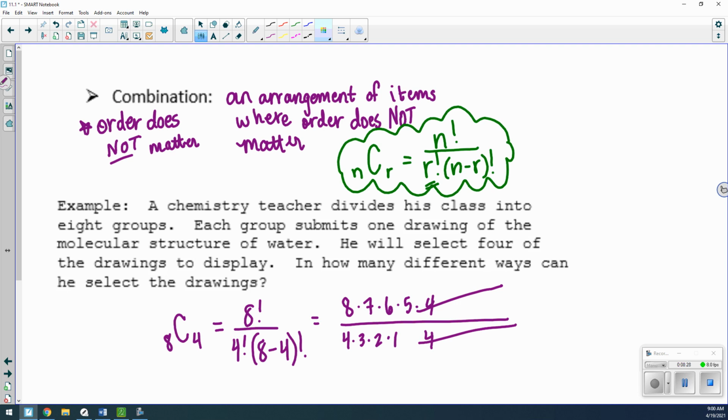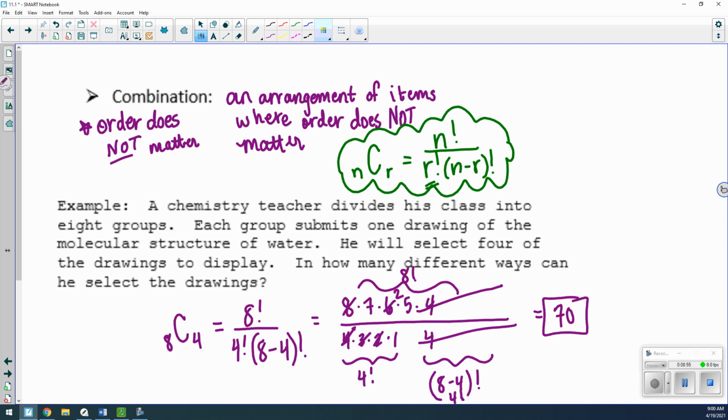So this much was 8 factorial. This much is 4 factorial. And this much was the (8 minus 4) factorial, or in other words, 4 factorial. Let's do the simplification in our heads. 8 divided by 8, 6 divided by 3 would be 2, and 7 times 2 times 5 is 70. So there are 70 different ways that he can choose 4 of the drawings out of the 8.